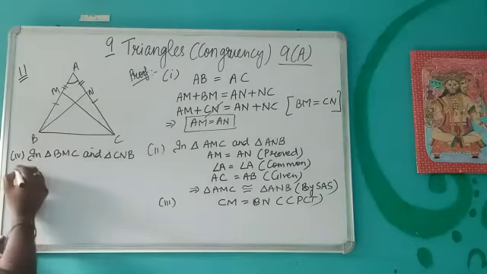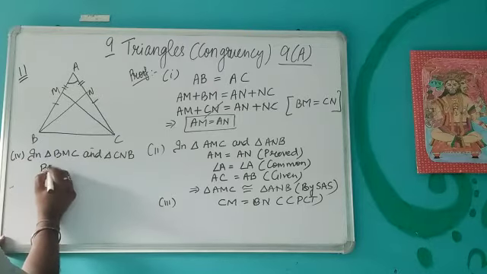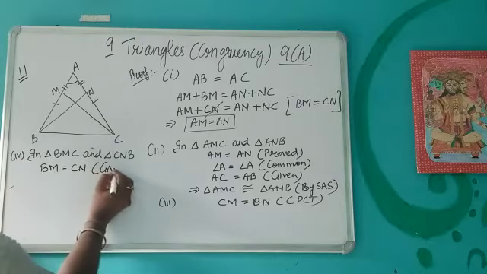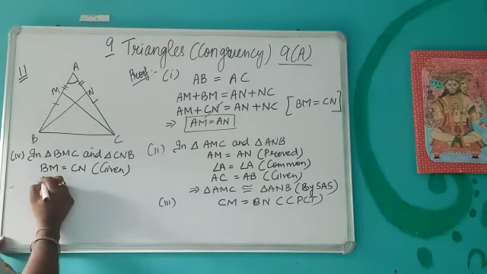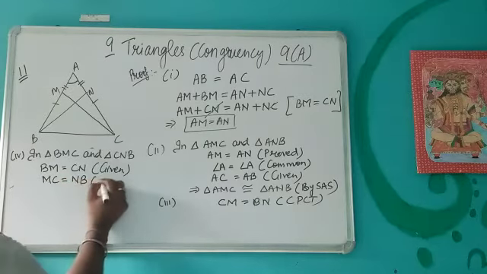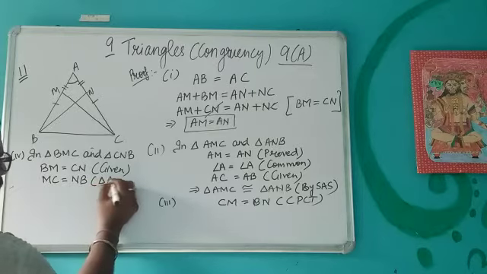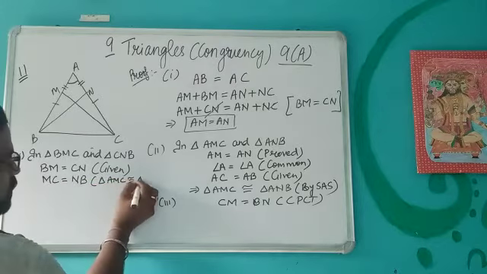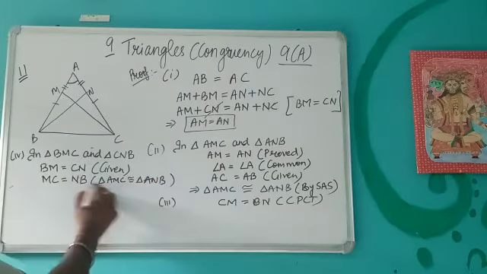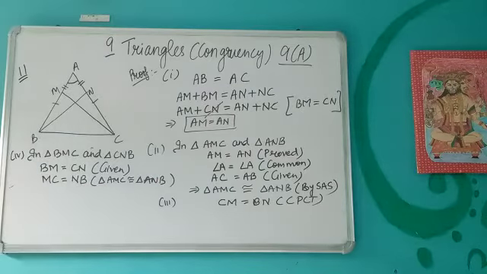So we will write BM equal to CN, it is given. Then MC equal to NB. Why? Because triangle AMC is congruent to triangle ANB. So MC equal to NB by CPCT.